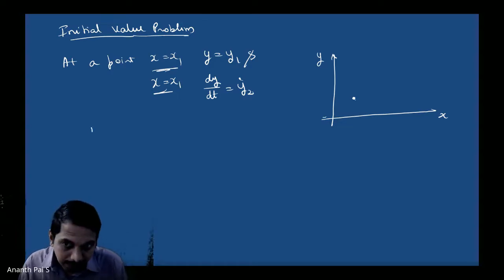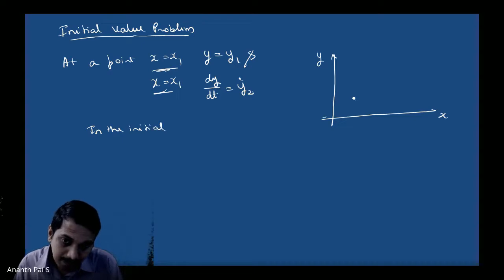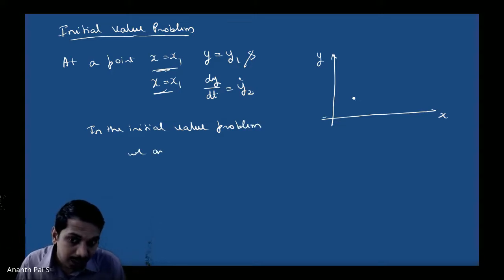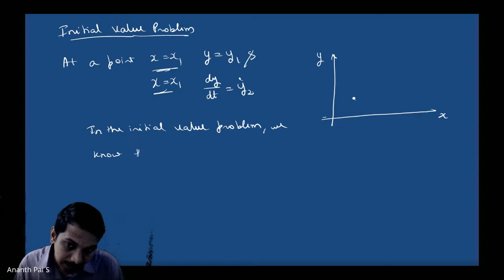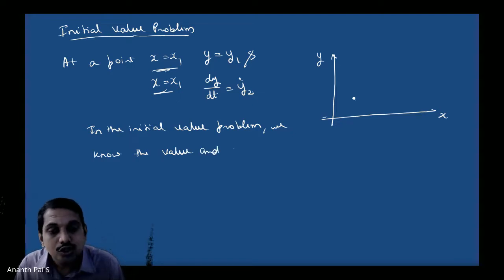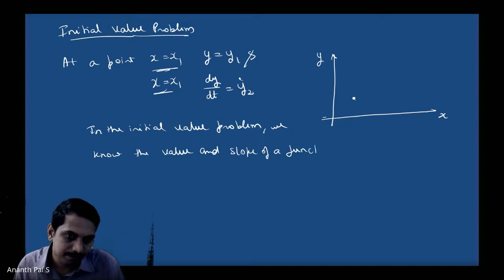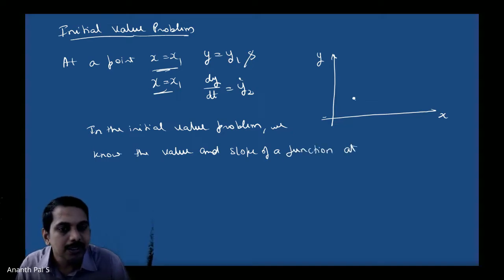So in the initial value problem, we know the value and slope of a function at a location.